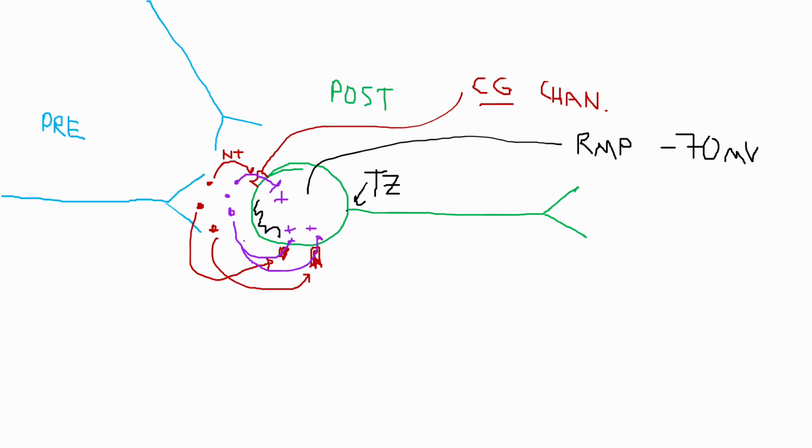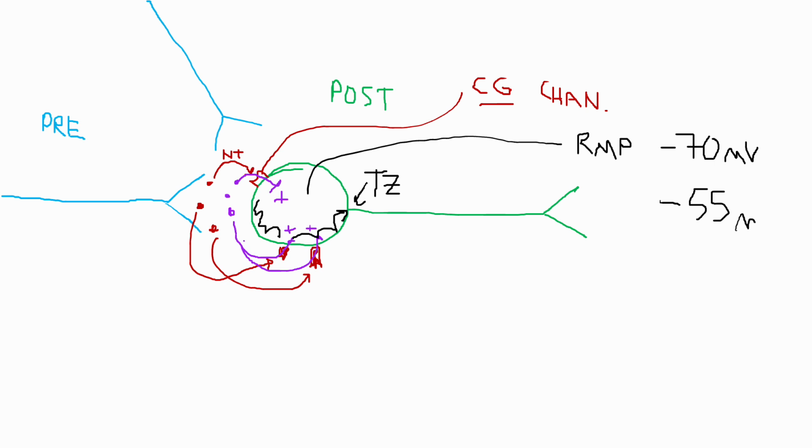Okay. So let's say we have these additional positively charged ions moving in, and now we have enough reinforcement that we make it to the trigger zone. All right, so this is a depolarization that is reaching the trigger zone. We're becoming more positive. We're moving away from negative 70 and we're becoming less negative. So let's say we hit negative 55 millivolts then.